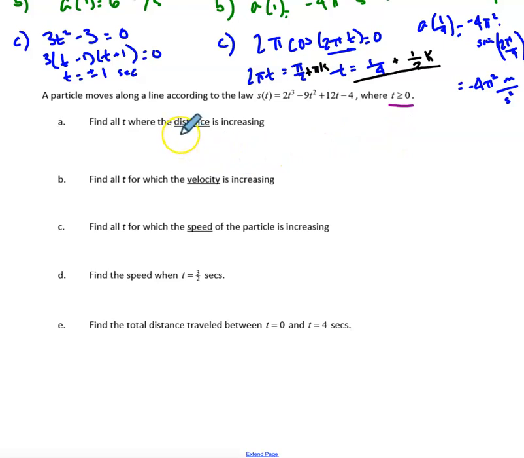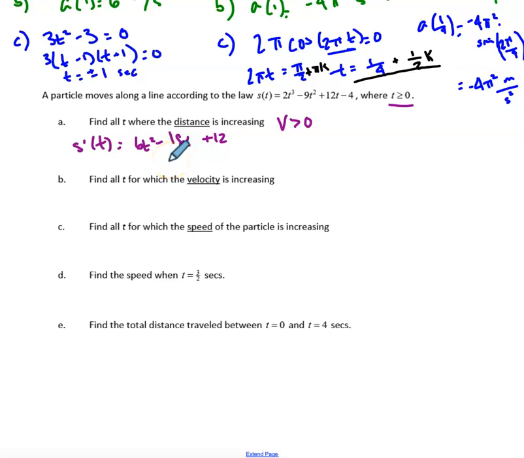So first they want to find out where distance is increasing, and that means that the velocity is going to be greater than 0. So to handle this, we need to take s prime of t, which is, by the power rule, 6t squared minus 18t plus 12, and then we need to know where velocity equals 0, because we need to basically figure out where velocity is positive.